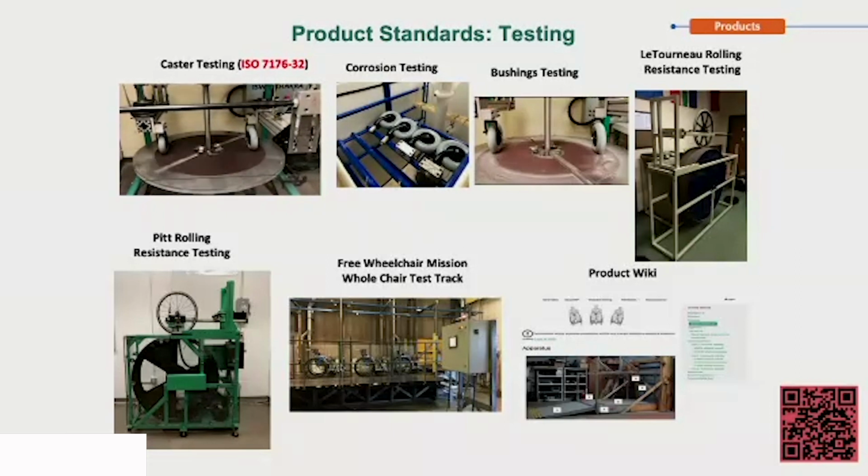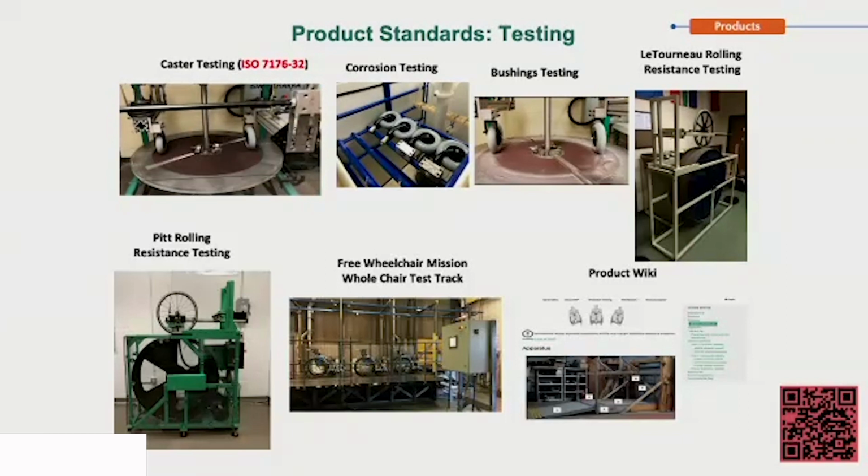If you can see here on the left, this is caster testing equipment that was built by a student at the university. And we have been testing casters both internally and for manufacturers. And we're very pleased that the result of this work is the first ever ISO International Caster Standard that took about 3 years to develop, but was launched in 2021.